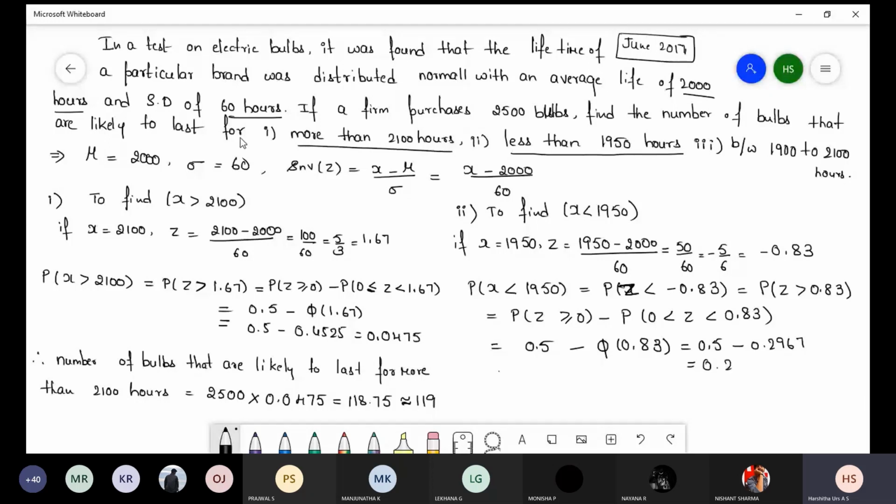Now again we have to calculate for the 2500.